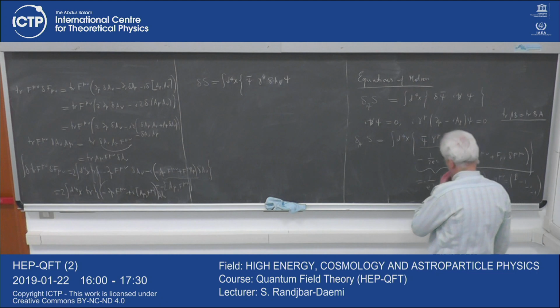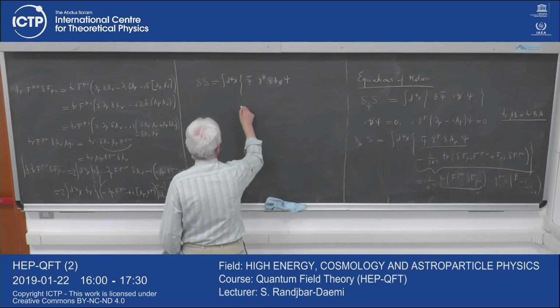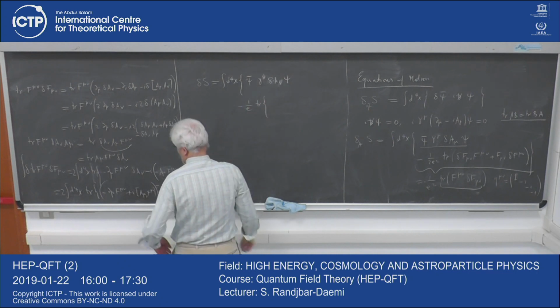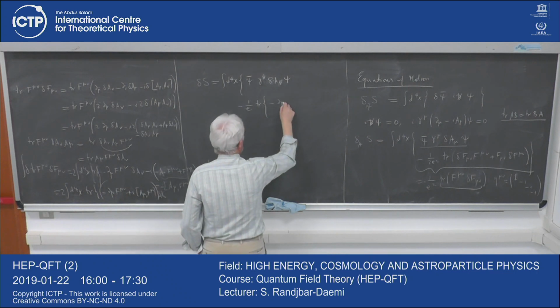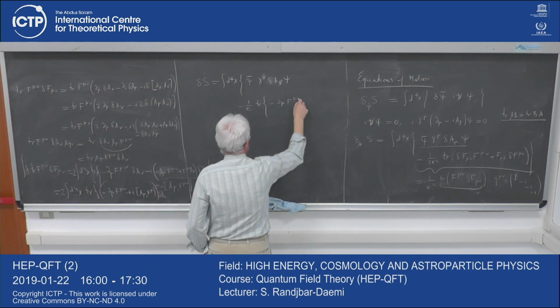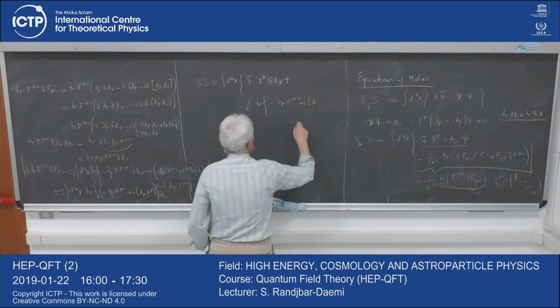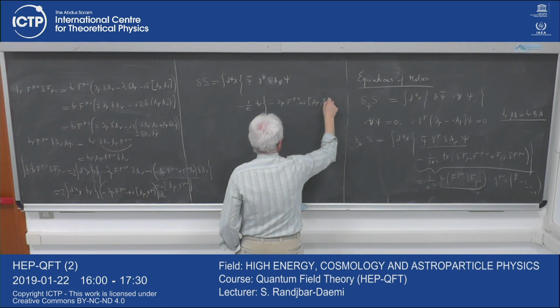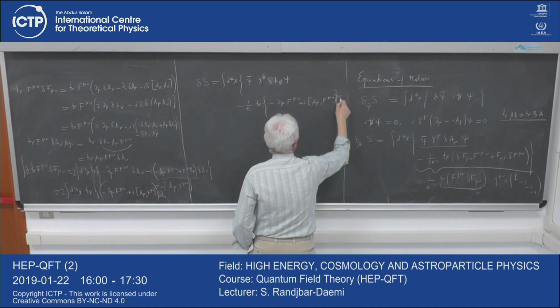And from here we have a minus 1 over e in front, times the trace of this expression, minus d mu F mu nu plus I A mu F mu nu, times delta A nu.